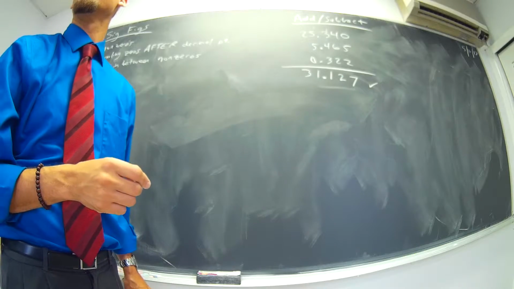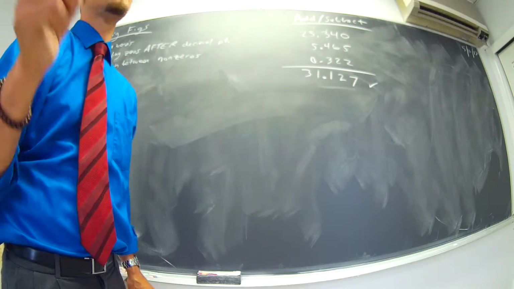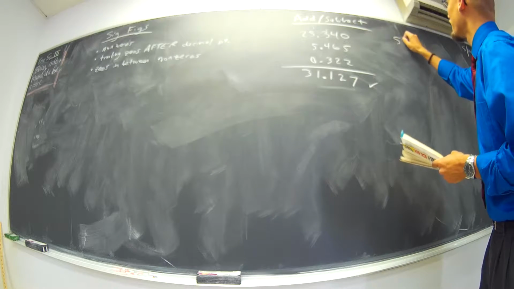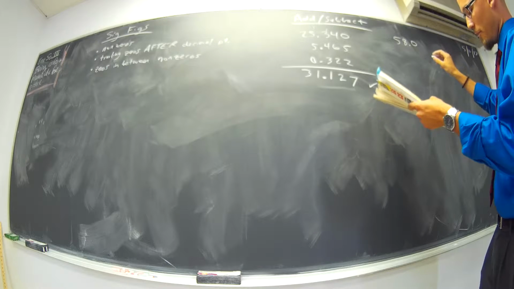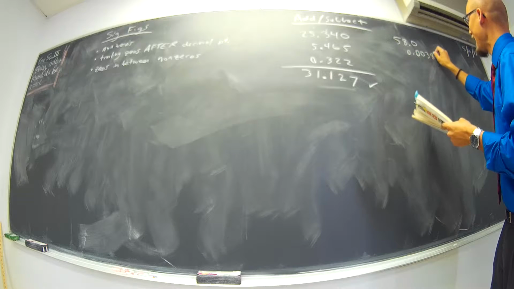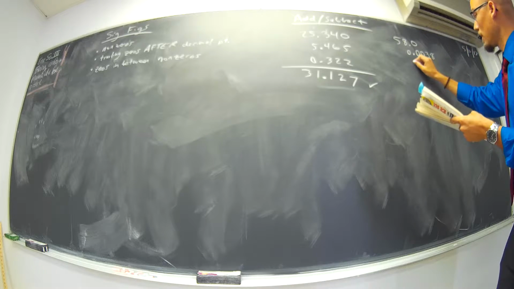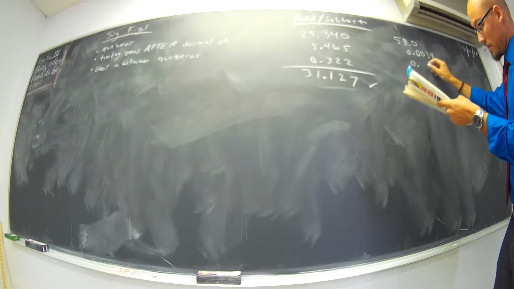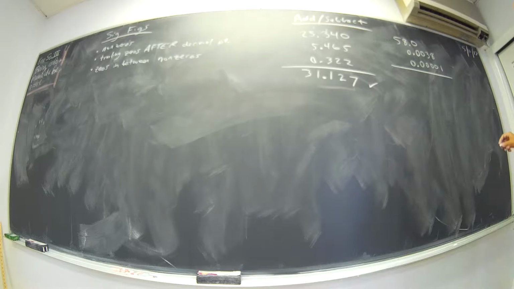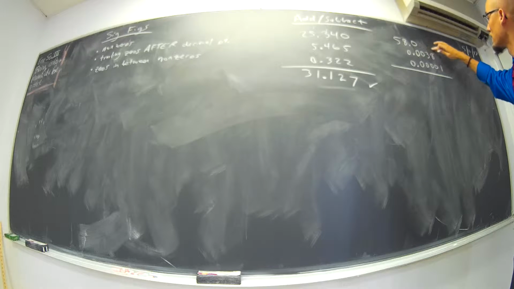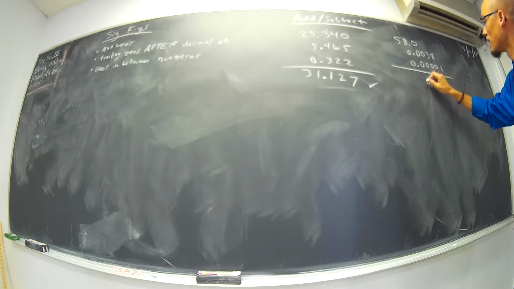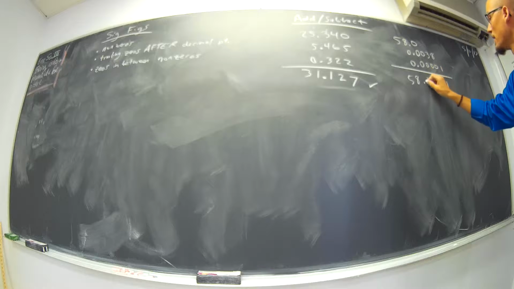That's pretty straightforward, right? But what if one's not accurate? That leads me to the next example, where we have 58.0 plus 0.0038 plus 0.00001. If we add all these things together, we get 58.00381.